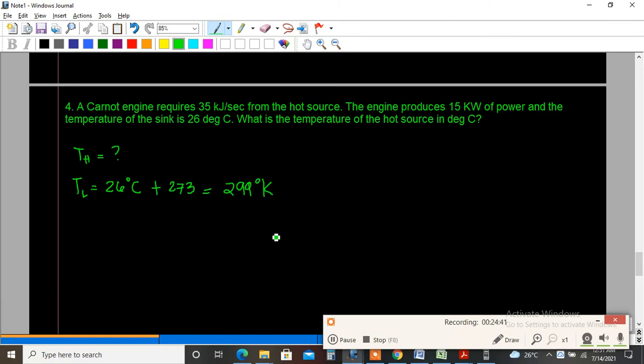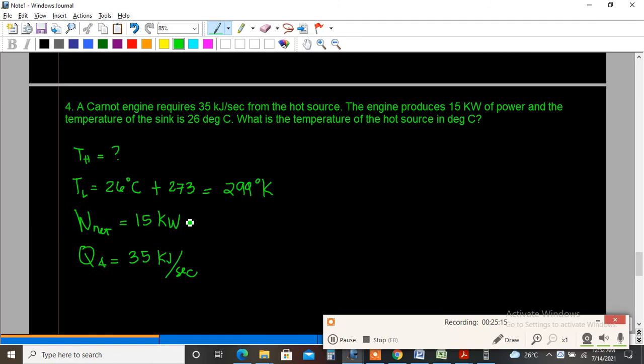Then, what else is given? We have the work net, which is 15 kilowatts. We also have the QA, which is 35 kilojoules per second.